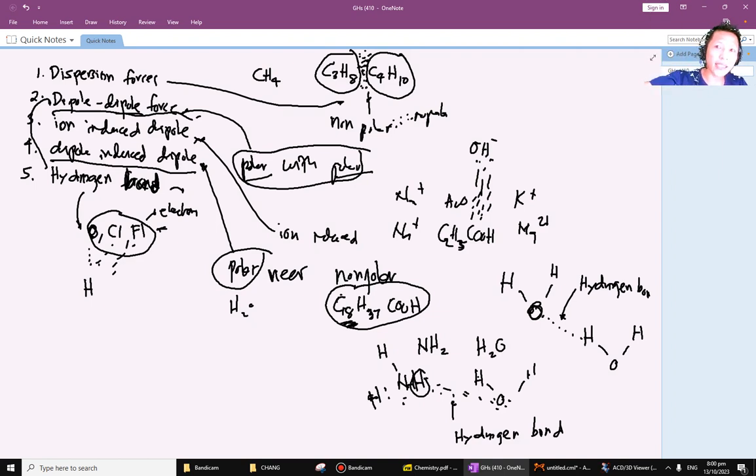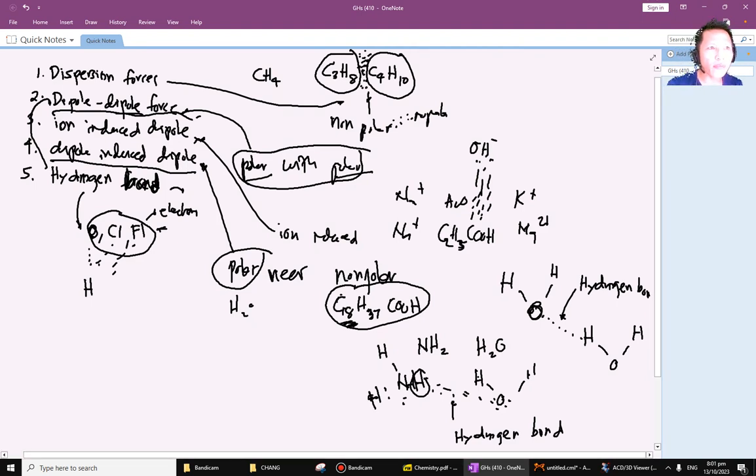It excretes its waste through our urine. Okay? So you have water, and water is so unique that it has to have its own bonding, hydrogen bond, with respect to polar substances.